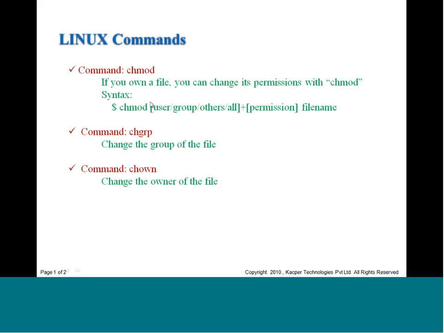In change mode we can specify various options, which are essentially whether it's user, group, others or all, and then the permission, and then the argument is the file name or the directory name.